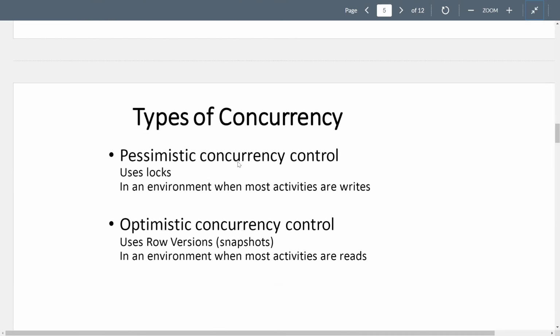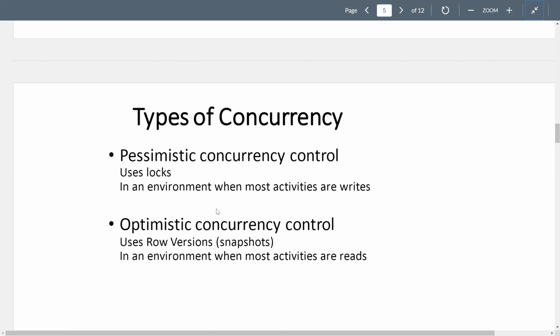We have two types of concurrency control, pessimistic and optimistic. Let's just think about these two words as English words. Pessimistic means you are worried, right? You know there may be problems.